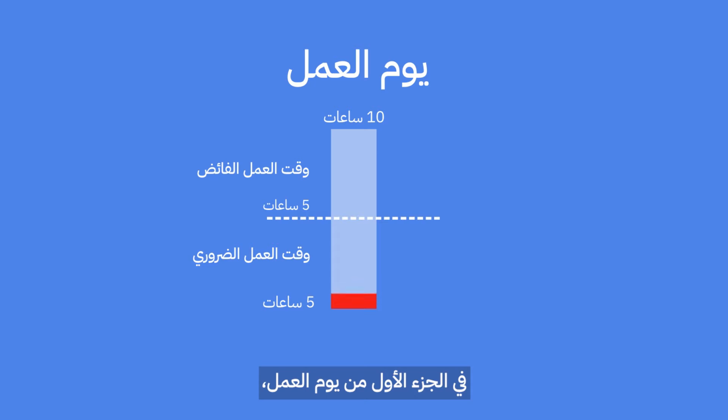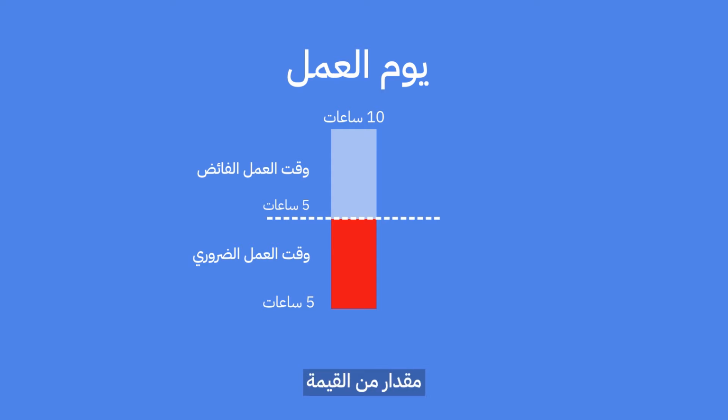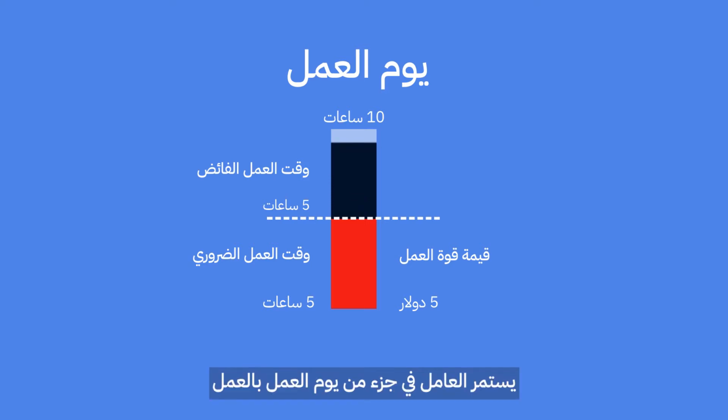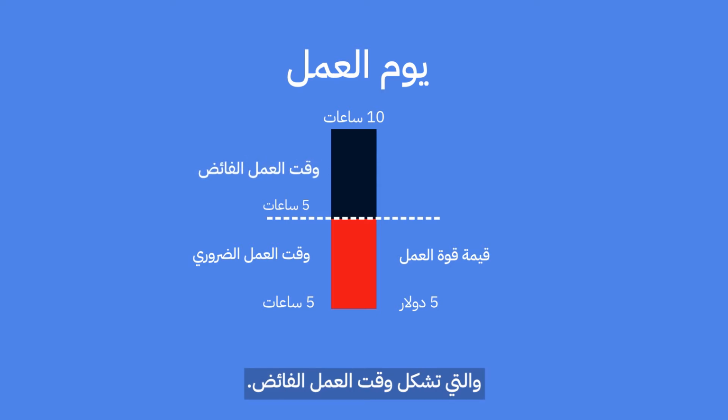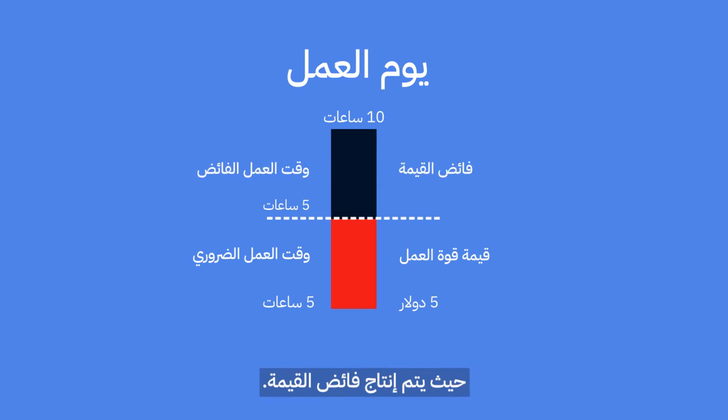In the first part of the working day, the necessary part, the worker must produce the amount of value equivalent to the value of his labor power, for which the capitalist pays a certain amount of wage, say $5. Beyond that part of the working day, the worker continues to work for another 5 hours, which constitutes the surplus labor time when surplus value is produced.